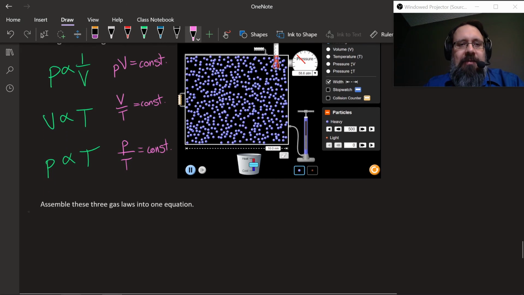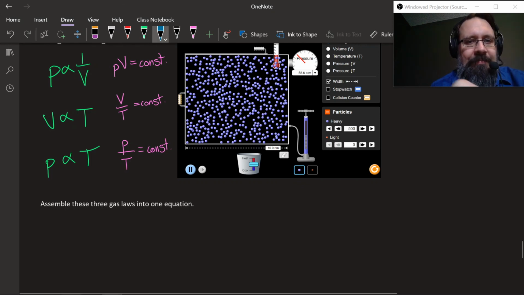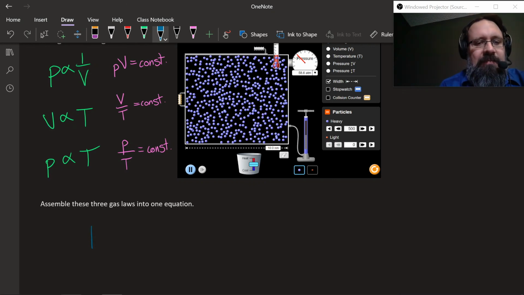So first we want to see, what do these have in common? I can see that I have PV here and then another V here. It looks like the over T is always on the bottom. So if you play around with this, what you end up getting is PV over T equal to constant.